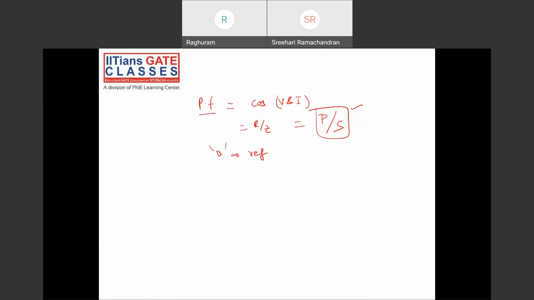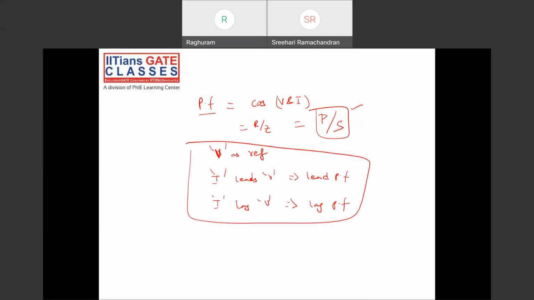Taking voltage as reference, if current leads voltage, then this is said to be leading power factor. If current lags voltage, the reference, this is called lagging power factor. This is important.